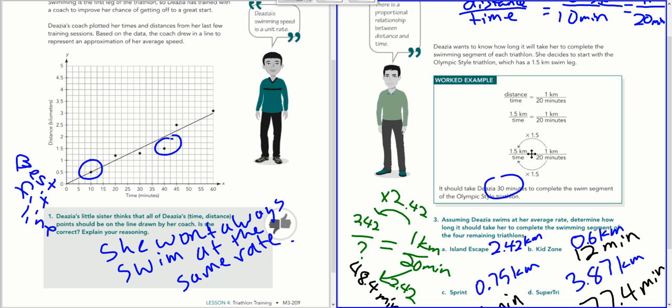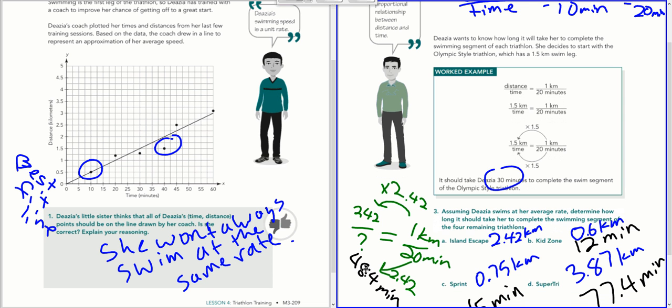So we set it up just like we did here, 1 kilometer over 20 minutes, and then we put 2.42 on top, and a question mark for what this is going to equal. 1 times 2.42 gives me 2.42, so I need to do that to the bottom. 20 times 2.42 equals 48.4 minutes.